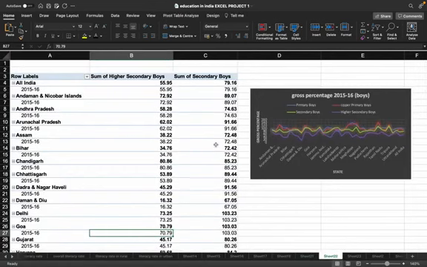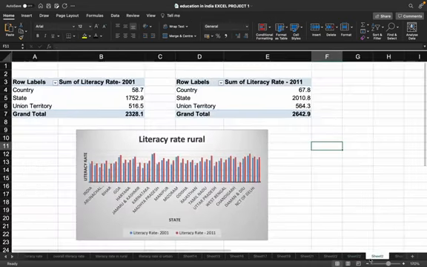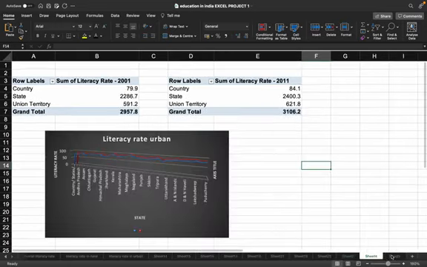Next, the pivot table and chart for gross percentage between 2015 and 16 for boys. Next, the pivot table and chart for literacy rate total. For literacy rate rural, urban.